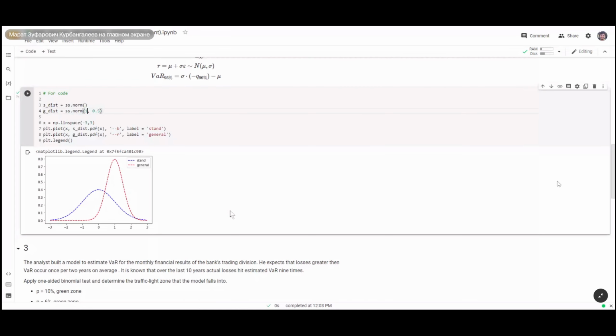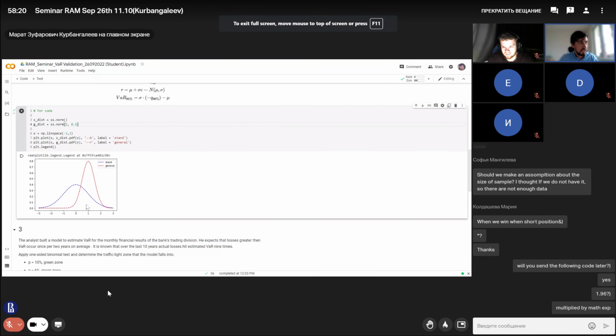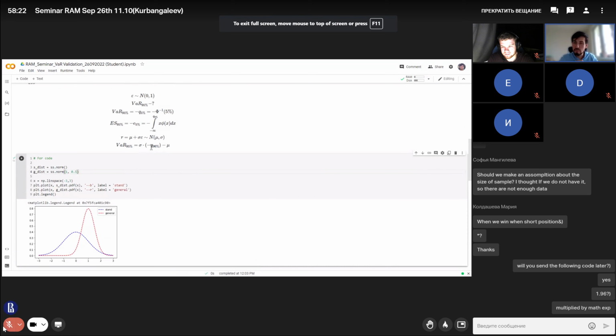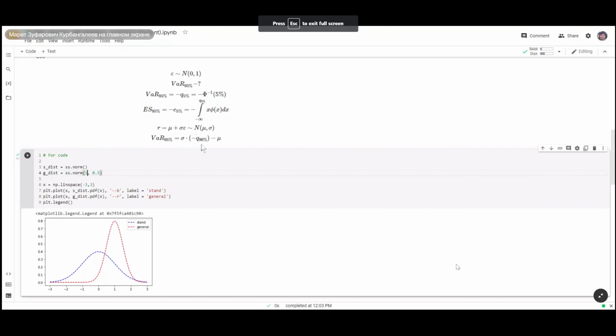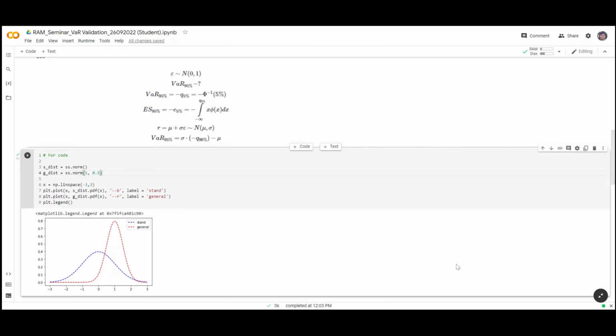This shift makes my value at risk even less, right? Because the quantile shifts to the right. And that's what we see here in the formula, right? Look, here is my value at risk for the standardized distribution. I rescale it by sigma, and then I subtract the mean, right?